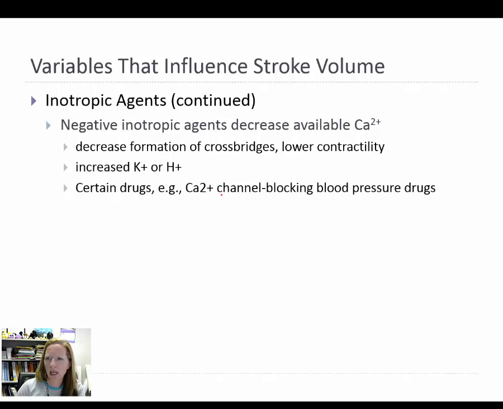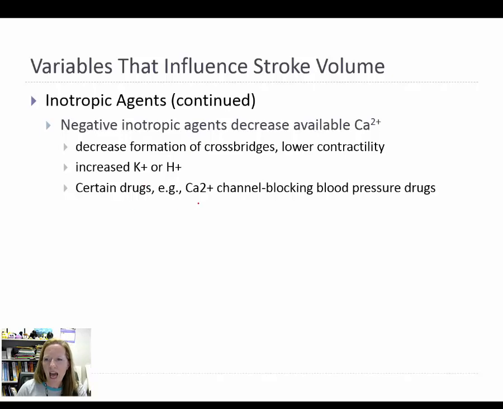Negative inotropic agents are going to decrease the available calcium level. So less calcium means fewer cross bridges, which means a lower contractility. Contractility is increased by calcium and hydrogen ions.